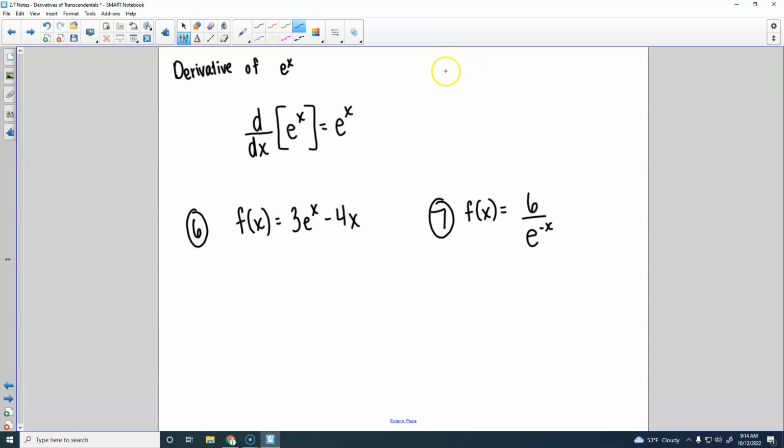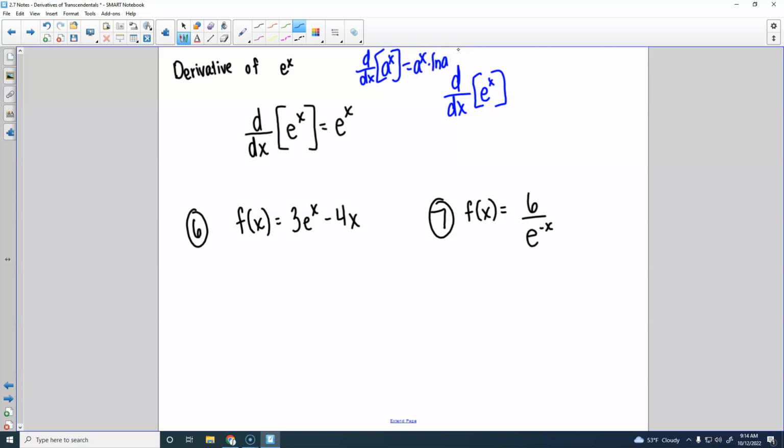Now, this is the same rule. If we're doing the derivative of e to the x, and we use the same rule that we used on the last problems, the derivative of a to the x equals a to the x times natural log of a.